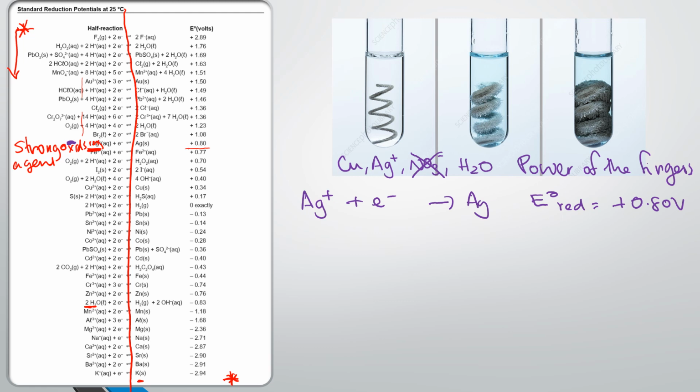So we are now looking from right to left. Because we're looking from right to left, we reverse the numbers. So putting your finger on and moving upwards, the strongest reducing agent that you encounter is this one, copper.